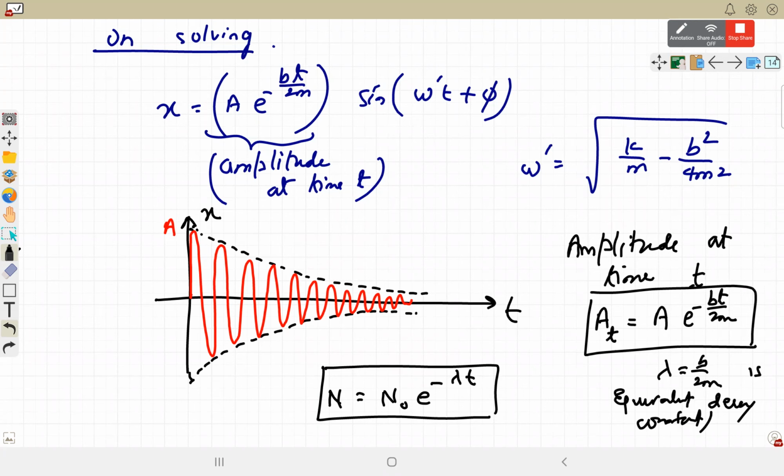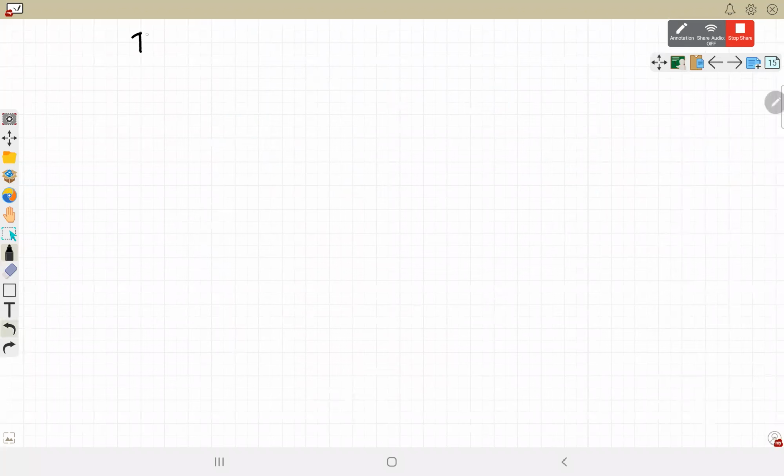All of those can be used with the help of this formula of radioactive decay. Just say, for example, the time taken for amplitude to become half.